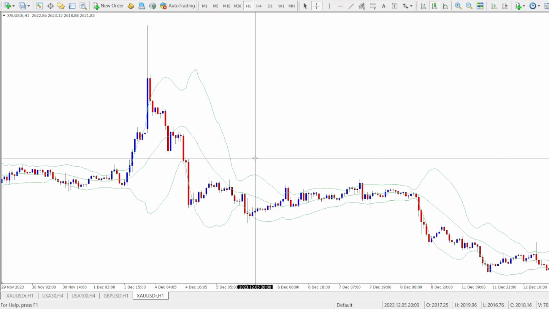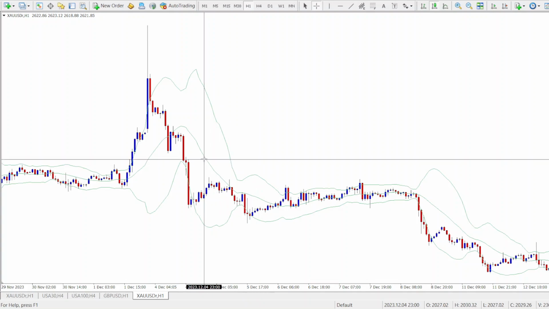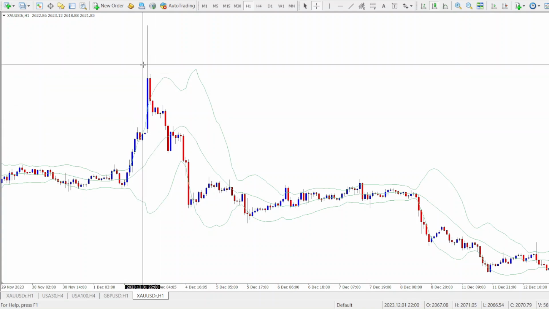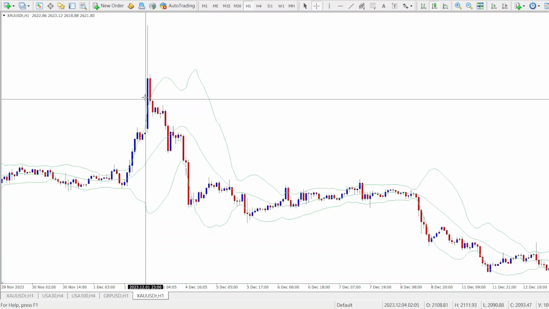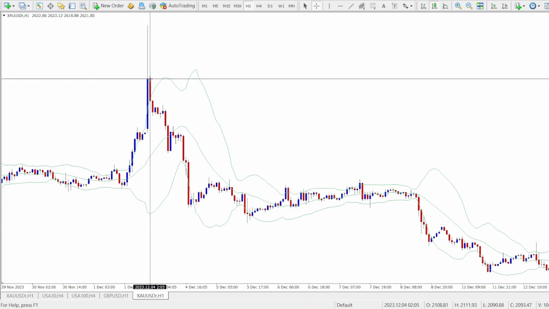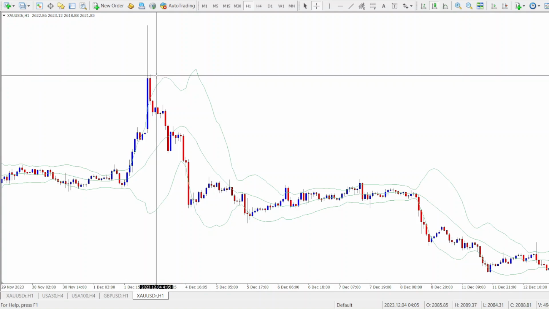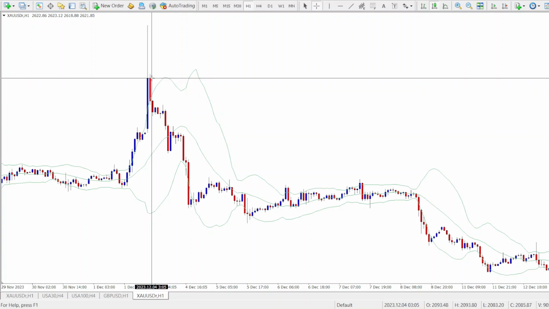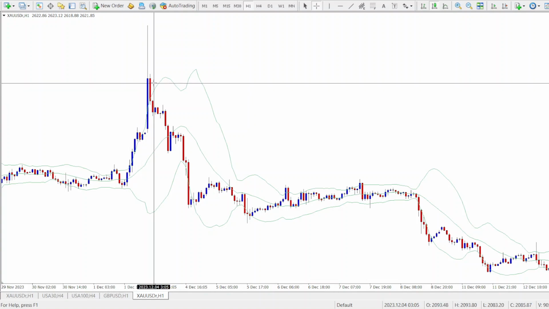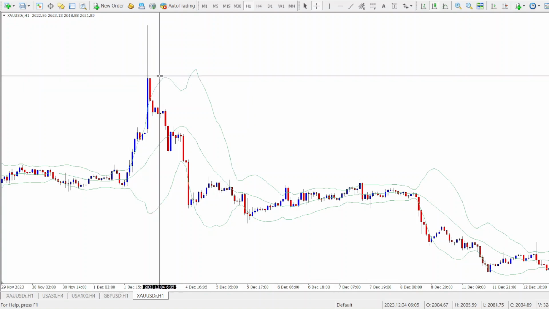Now, how do you spot breakouts? When you have a breakout above the upper band, like we see here, if the price breaks and closes above the upper band with strong momentum, it can indicate the beginning of a strong uptrend.